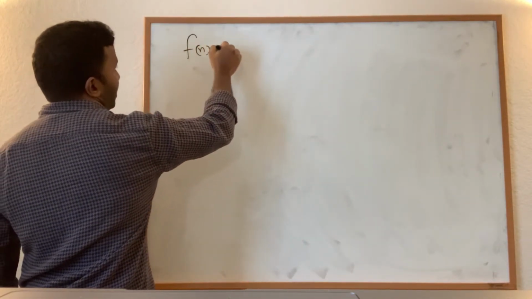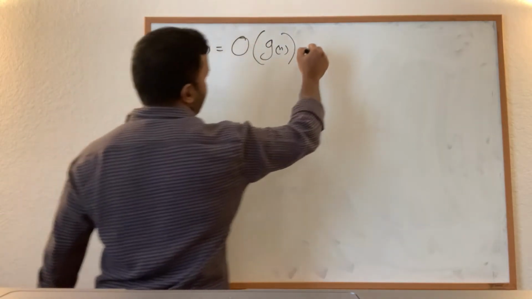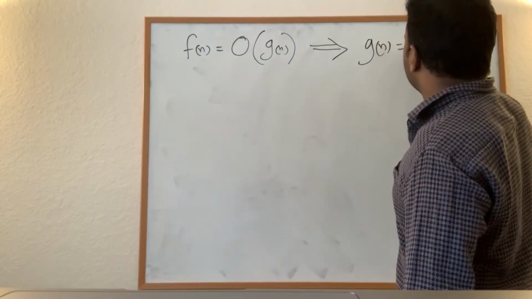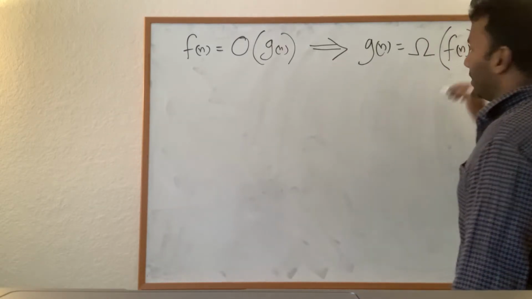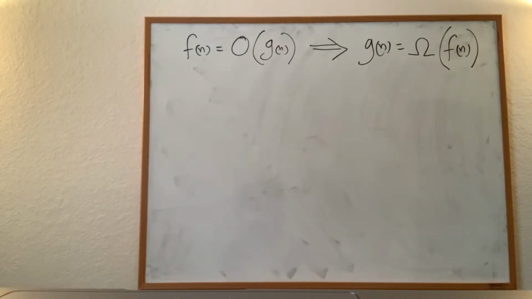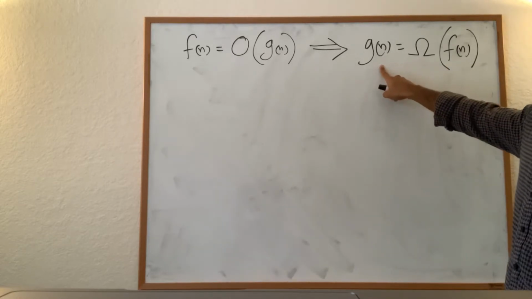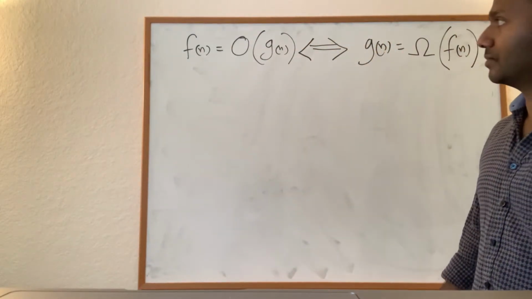You can immediately say g of n is equal to big omega of f of n. And this relation works both ways. So that means if somebody gives you this, you can say that is true.